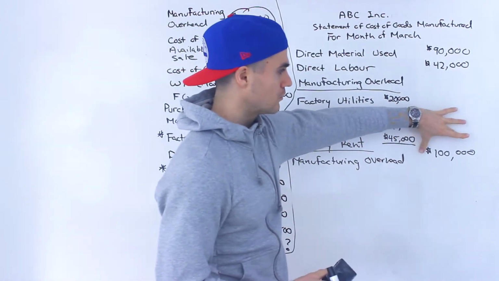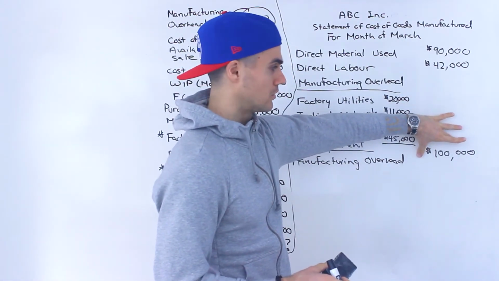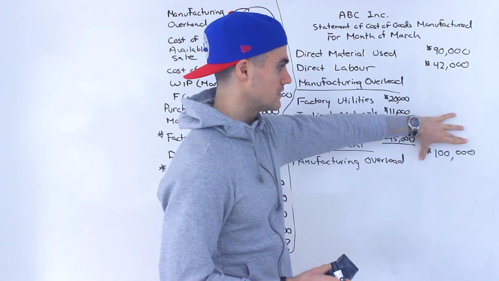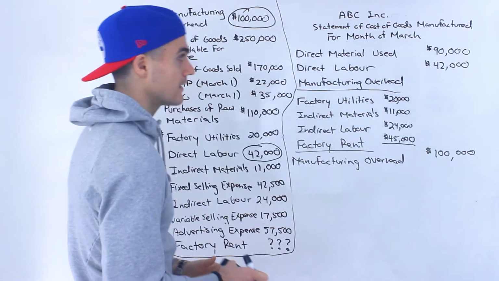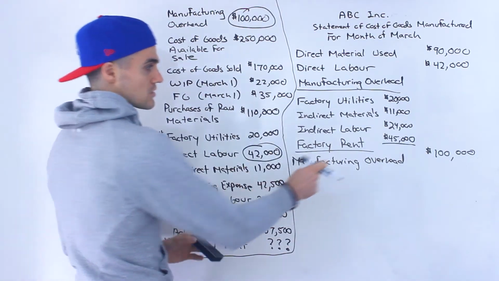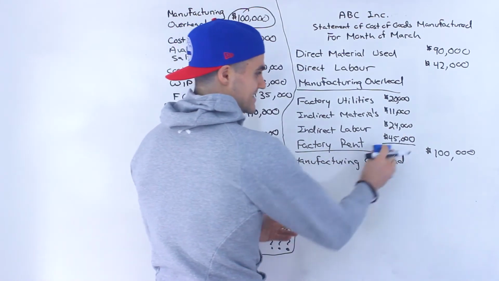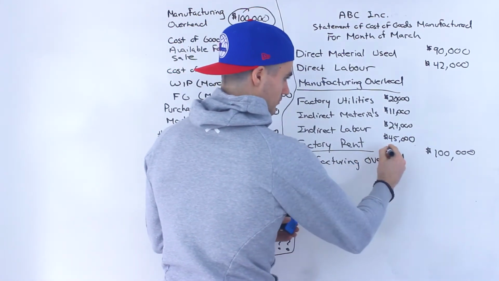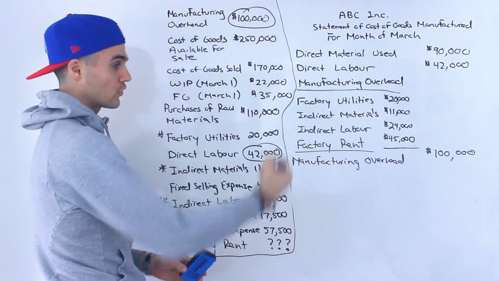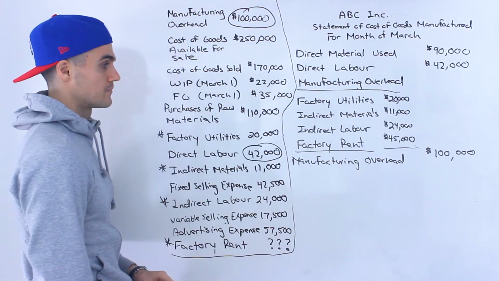But really, we were already given the most important number, this 100,000, right? This total is usually what we're trying to get in this statement. So solving for that 45,000 isn't as important here, but it is important for question 2 and 3.